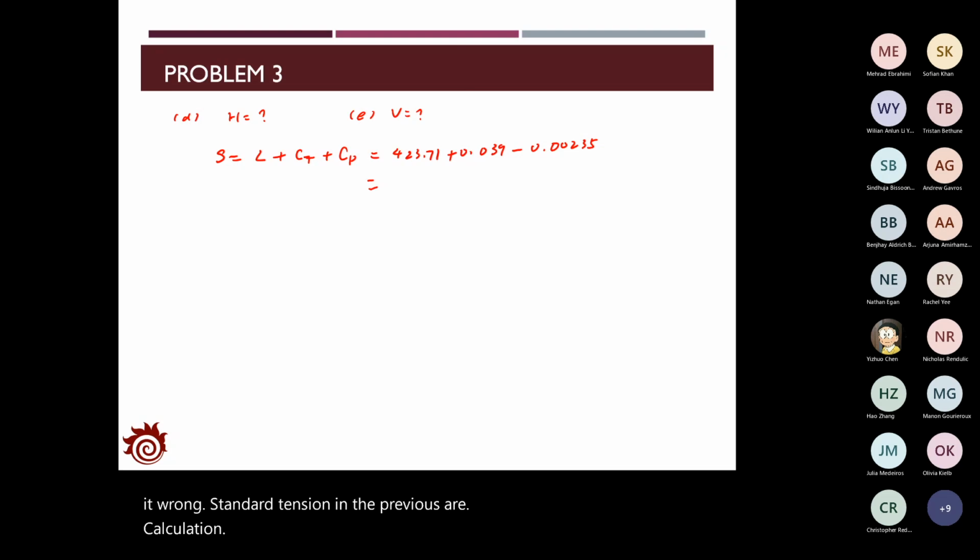So plus and plus, the result would be 423.775 meters, and this is the true slope distance.